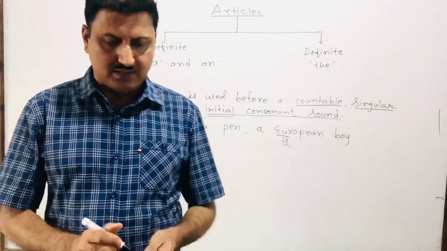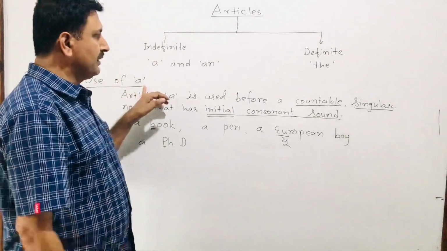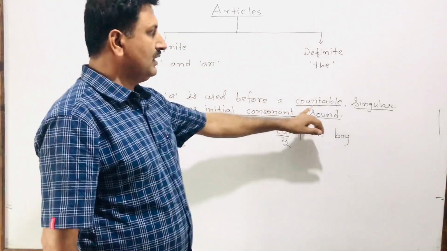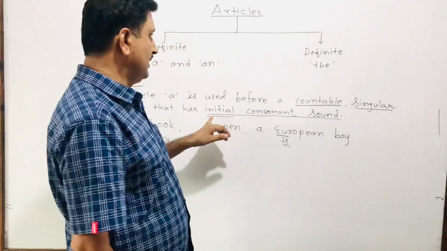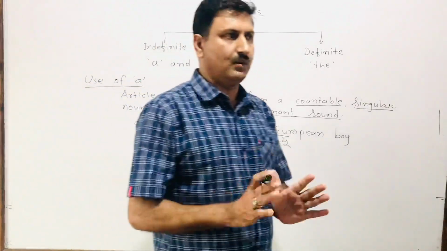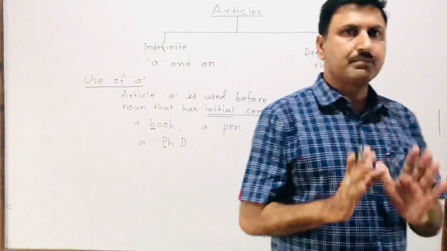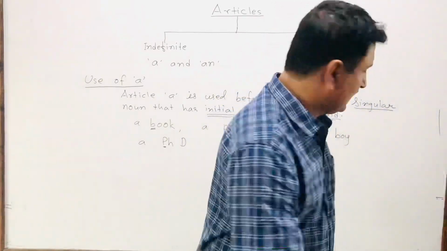So this is how we can use article A before a countable, singular noun, and the noun must begin with an initial consonant sound.